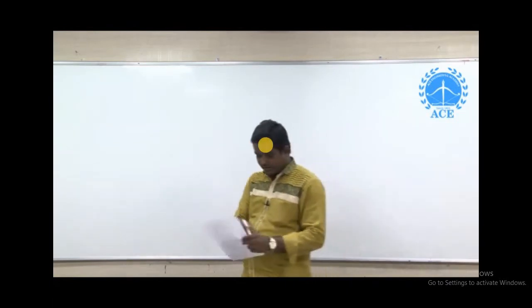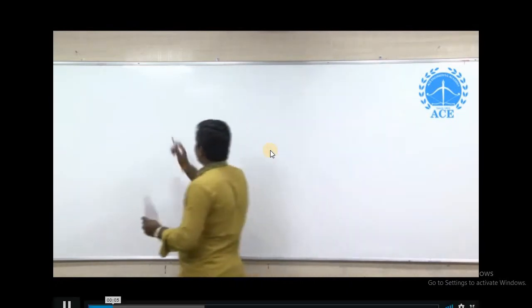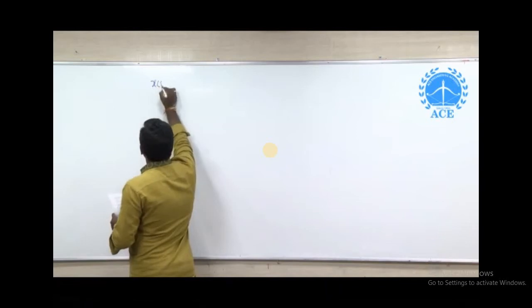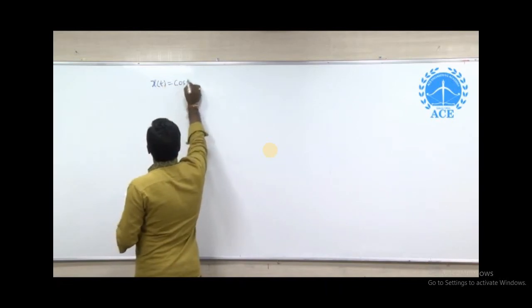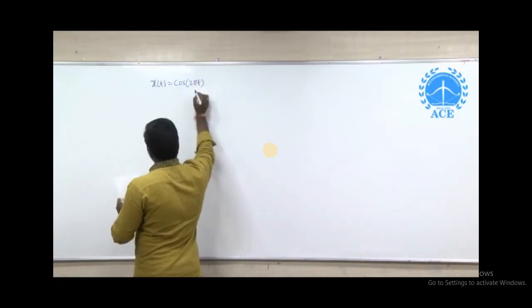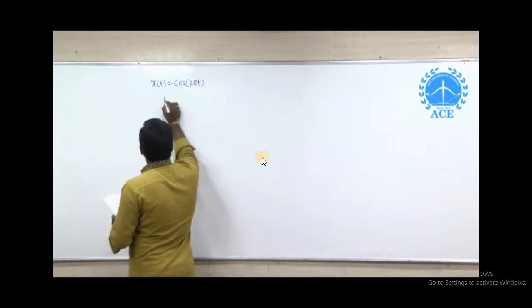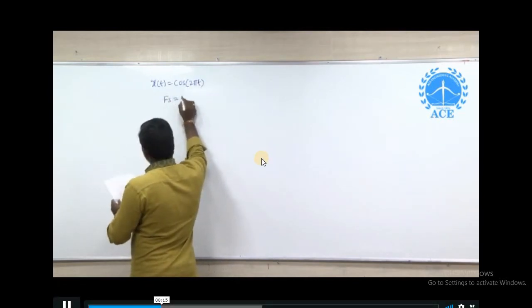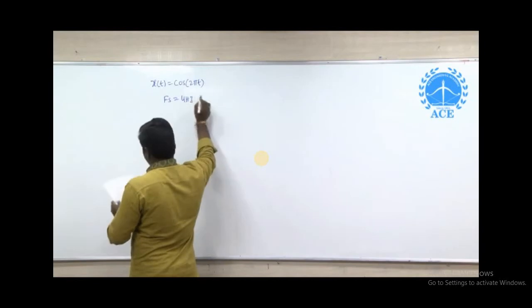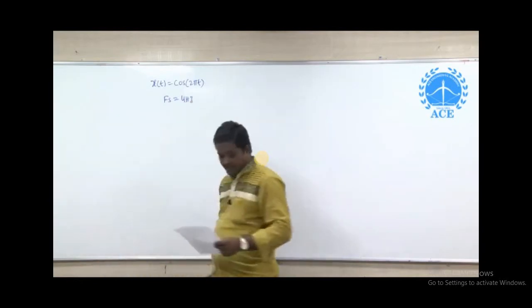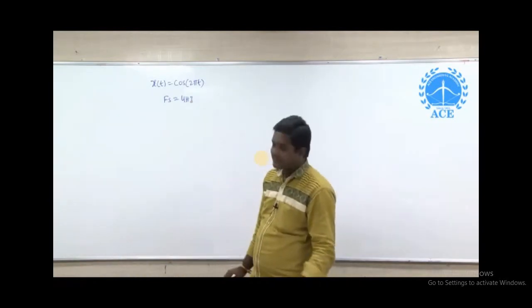See the question. A continuous time signal x of t equals cos 2 pi t is sampled at fs equal to 4 hertz. Then what is the value of the discrete time signal x of n at n equal to 5?